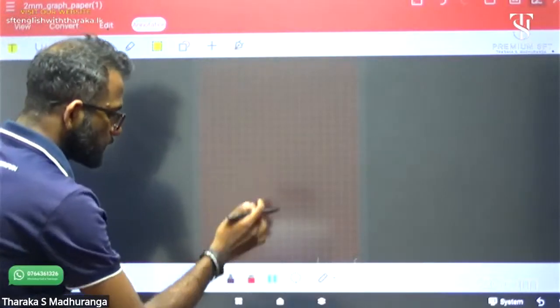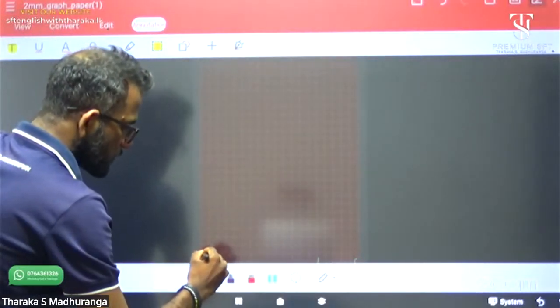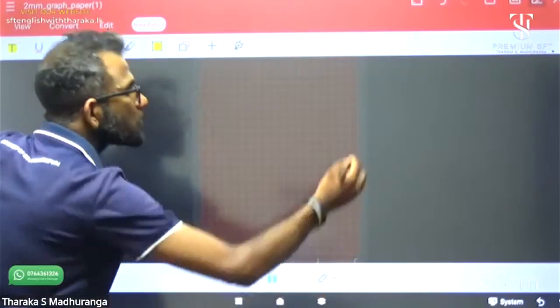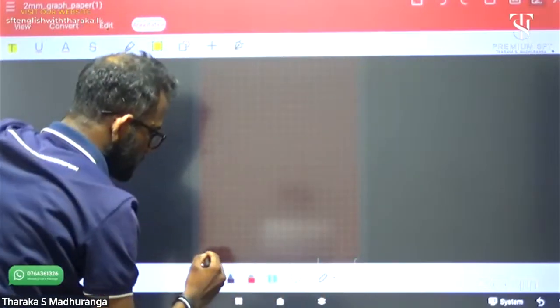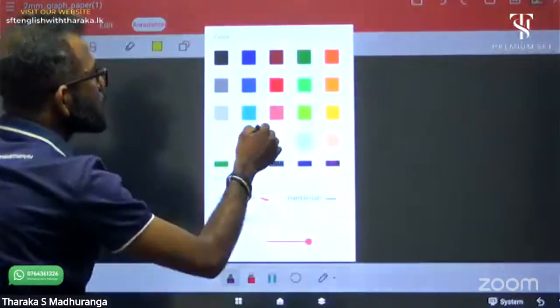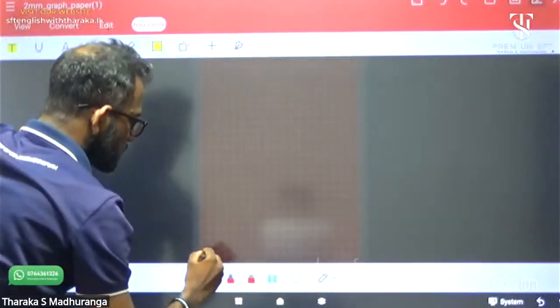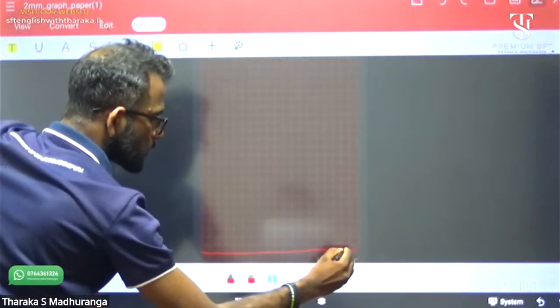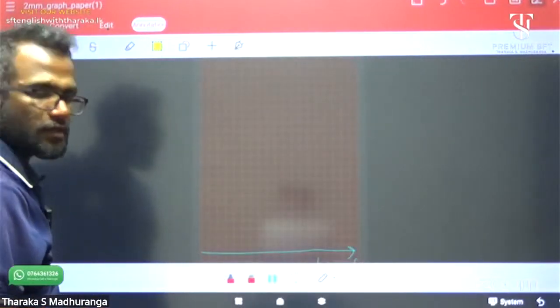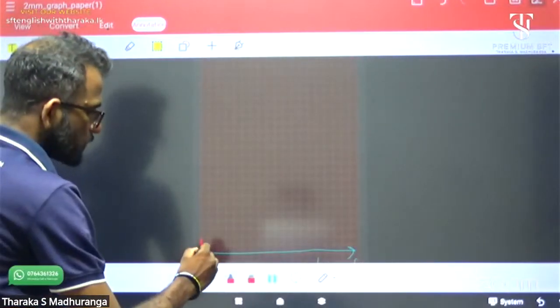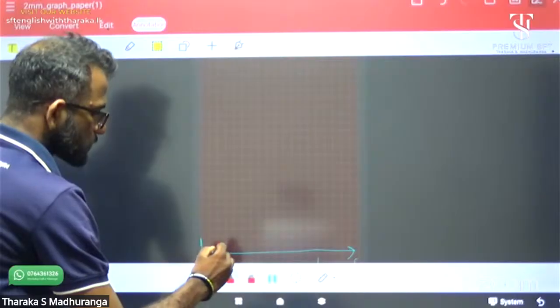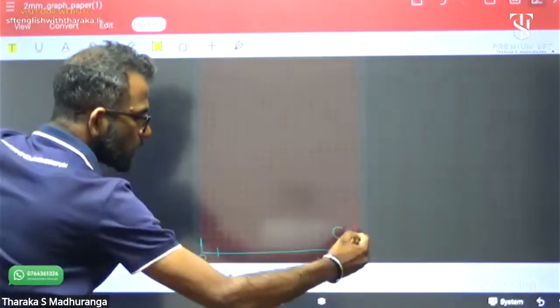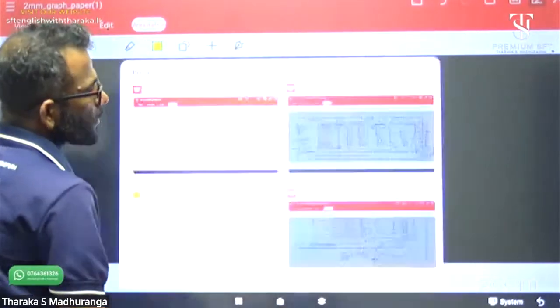Okay, this is my x-axis, and this is my 0. This class boundary is the same as the previous class boundary.